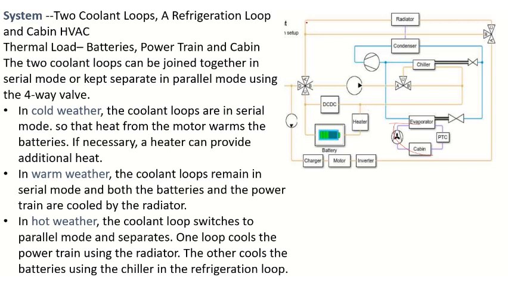It is indicated in orange and blue color lines, and altogether we call it the refrigeration loop. And some other loops like the thermal, battery, and powertrain, and the cabin. These are called the thermal loads, where the heat will be produced.